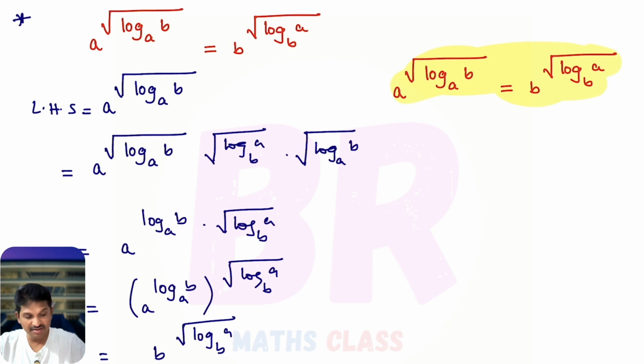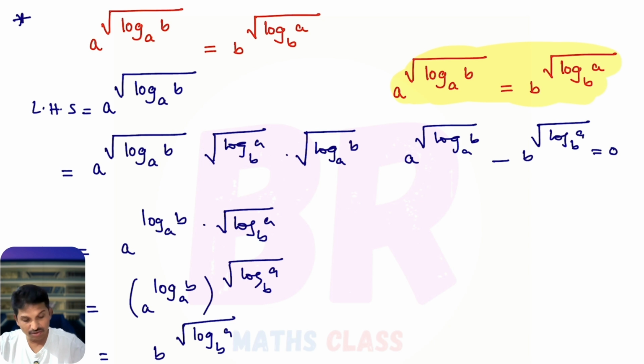So this is the result we got. Now you take this RHS to the left hand side. Then you can write a power root log b base a minus b power root log a base b equal to 0. We can use it like this also.